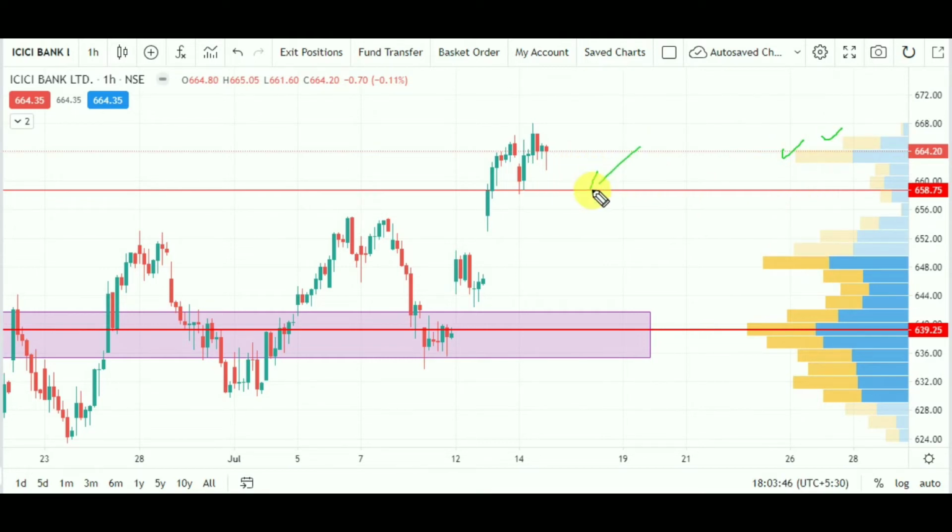If price were to break the red line, there could be a price correction. In such a case, one needs to monitor the price activity near the point of control, as this could act as a strong support level.